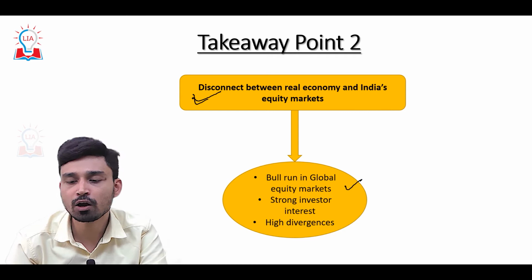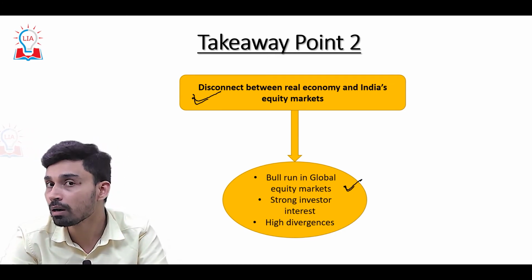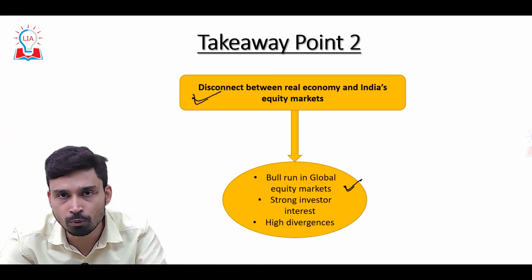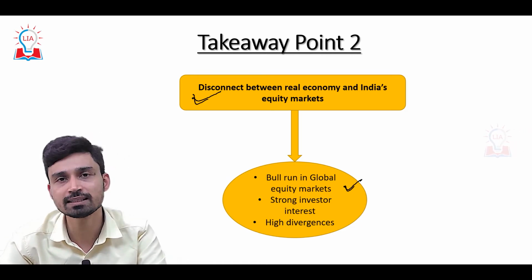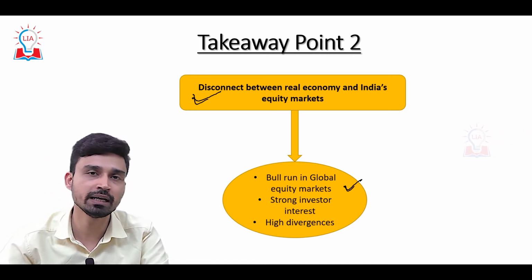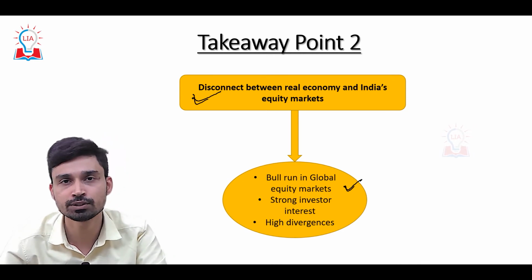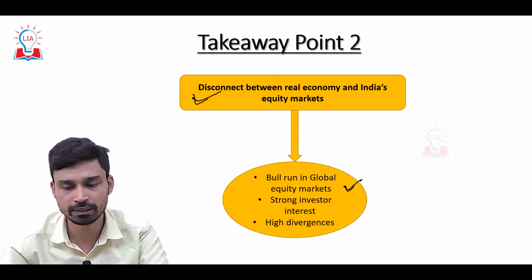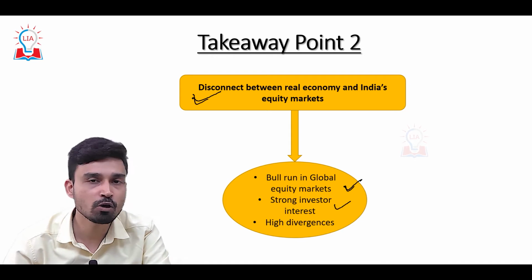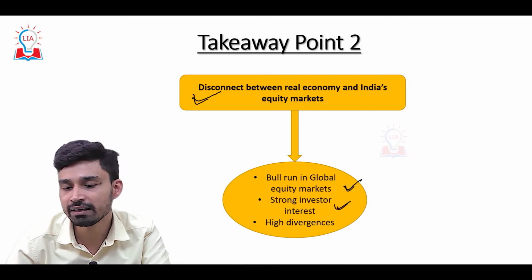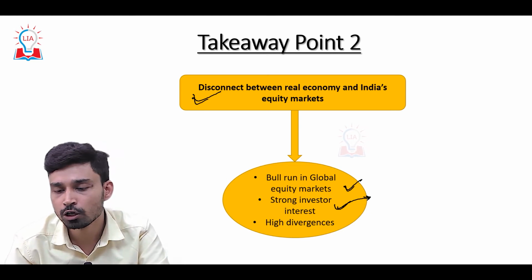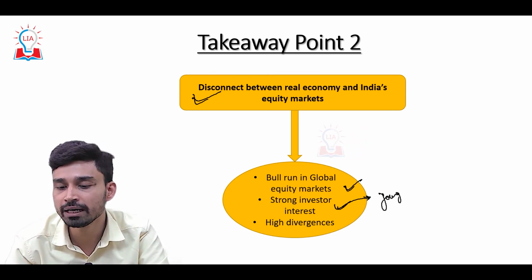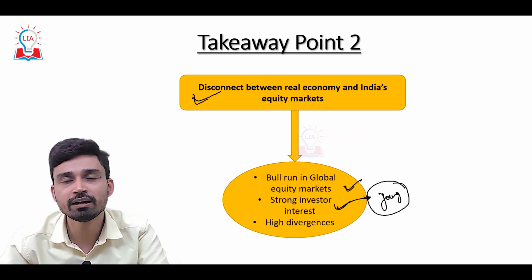First of all, we are observing a bull run not only in the Indian market but all across the globe, where a lot of investors are rushing to buy shares and equities of different companies, and that is causing a sharp uptick in prices. Second, it is because of, as we discussed, strong investor interest, and especially in India, a lot of young investors are now coming into the market and investing in a very massive amount.